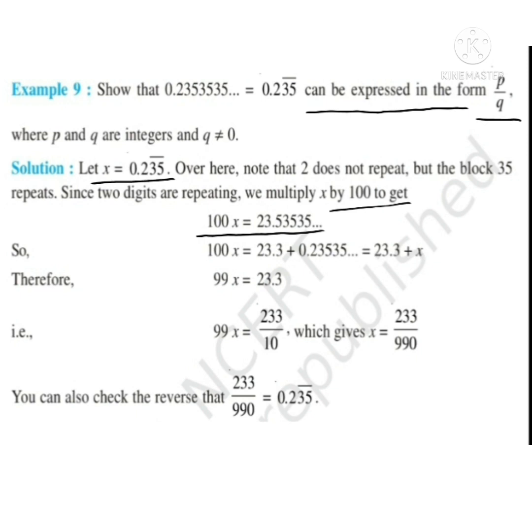It can be written as 23.3 plus 0.235. Now we have taken 0.235 as x, so we replace this by x, and when subtracted, 99x is equal to 23.3. So 99x is equal to 233 upon 10. So the answer is x is equal to 233 upon 990.